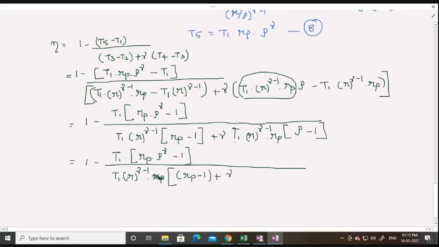Already we took T1 R power gamma minus 1 commonly outside, so the remaining term is Rp into rho minus 1.